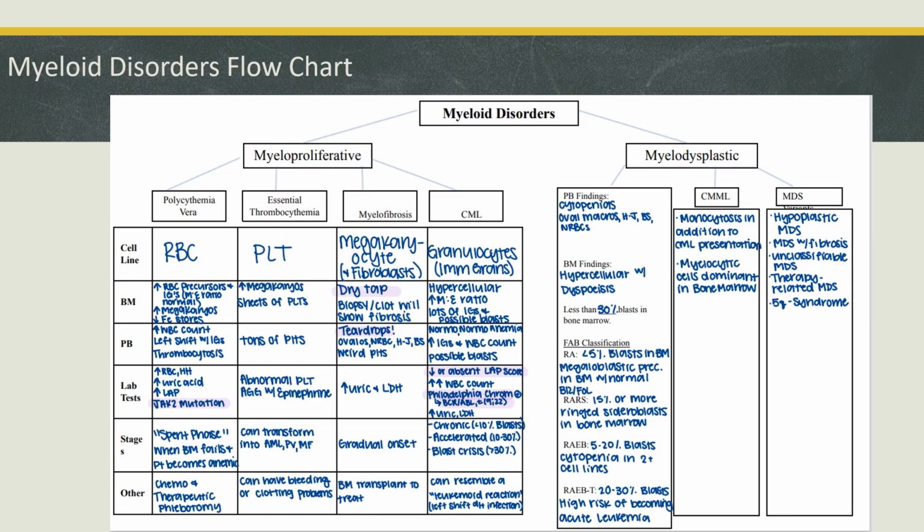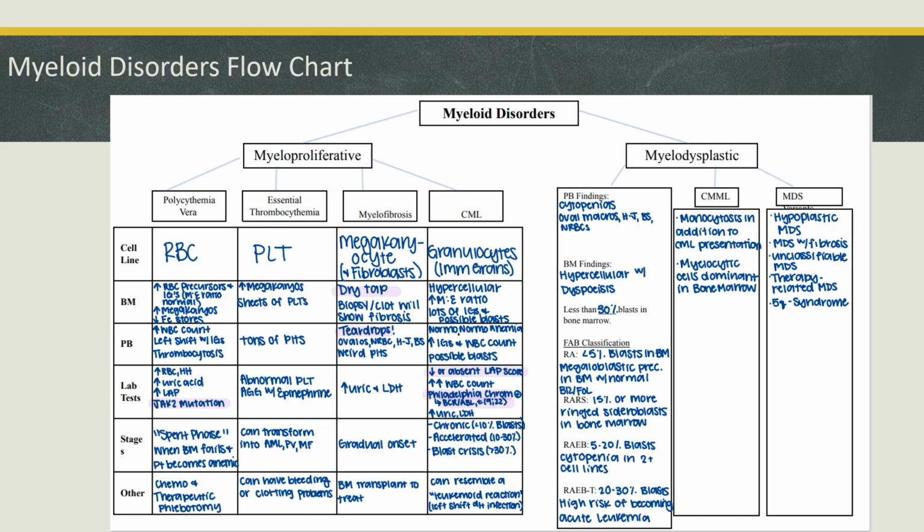We are going to have a very elevated white blood cell count. And we're going to again have that cytogenetic chromosomal abnormality of the Philadelphia chromosome, the BCR-ABL fusion, and then that translocation 9;22. It comes in 3 stages, the chronic, accelerated, and blast phase.